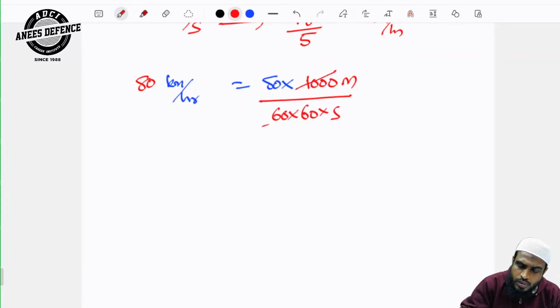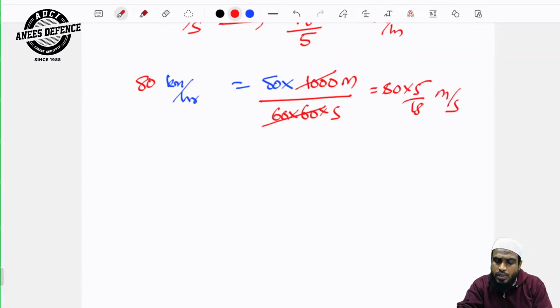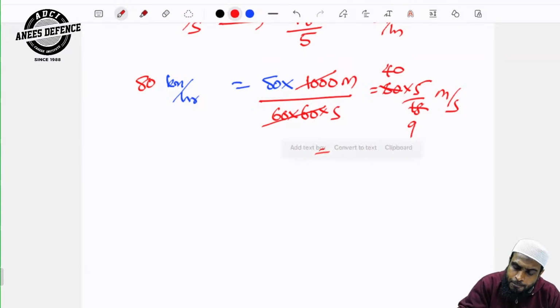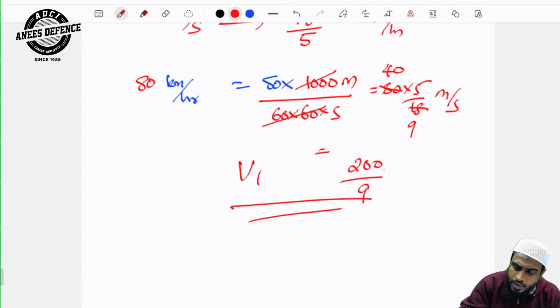This is actually 80 into 5 by 18 meter per second, because 1000 by 3600 is 5 by 18. So what will you get? 40 into 2, 9 into 2. So you cannot divide further. So 200 divided by 9. That is V1 is equal to 200 by 9 meter per second.